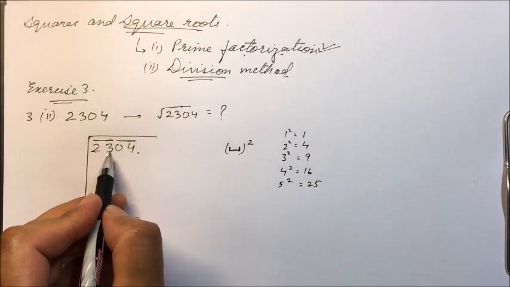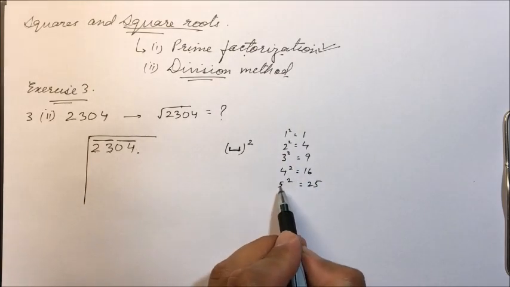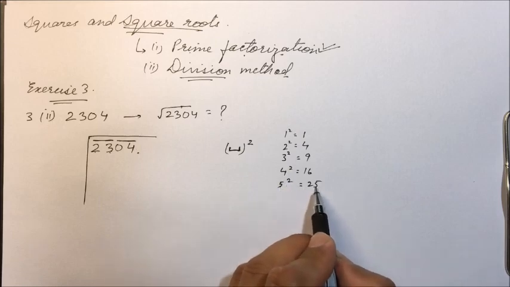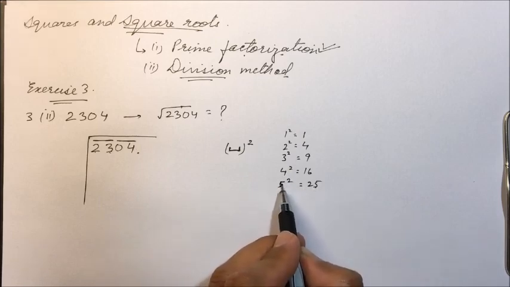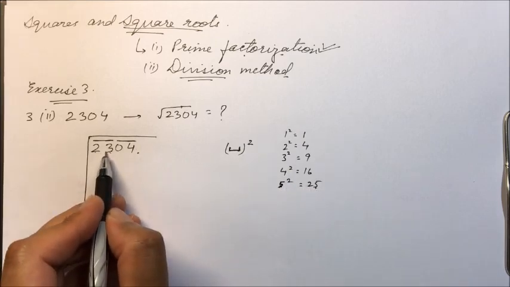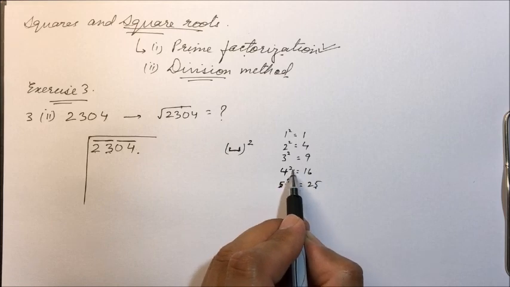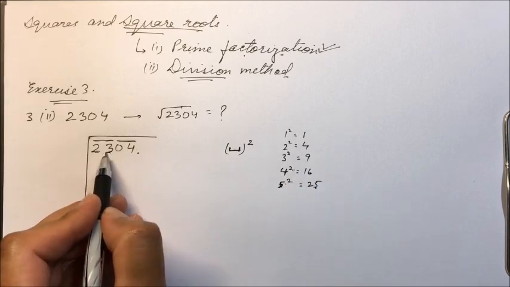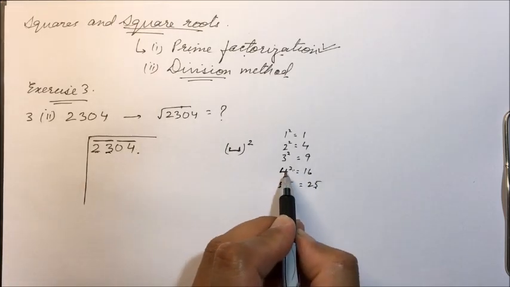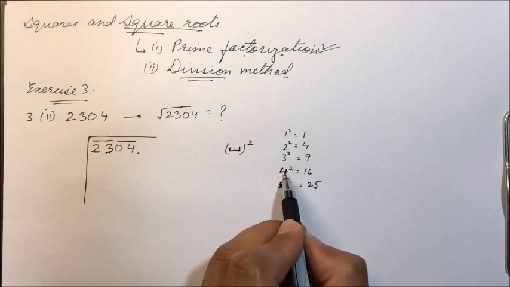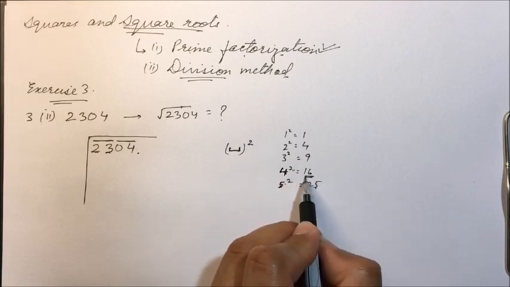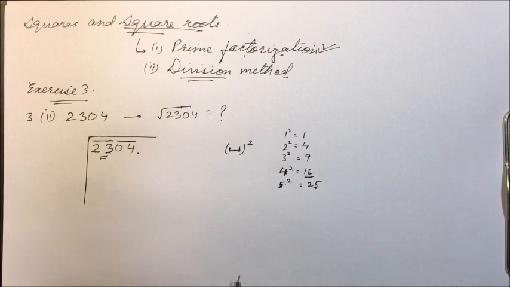Now the number is 23, so if I go with 5, its square is 25, which exceeds 23. So we will go with 4. 4 squared is 16, which does not exceed 23. So 4 is the greatest number whose square does not exceed 23.